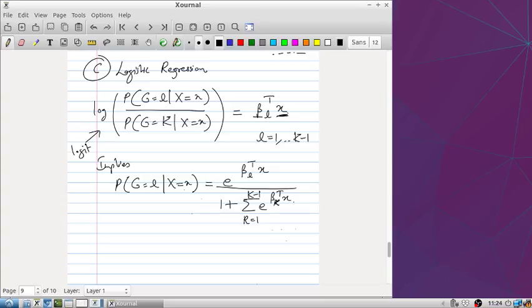And again, what is the classification rule? Once you somehow figure out these beta_L's, the K minus 1 such vectors, all you need to do is again the same thing. It's always the argmax over L equal to 1 to K of the probability that G is equal to L given X equal to x.